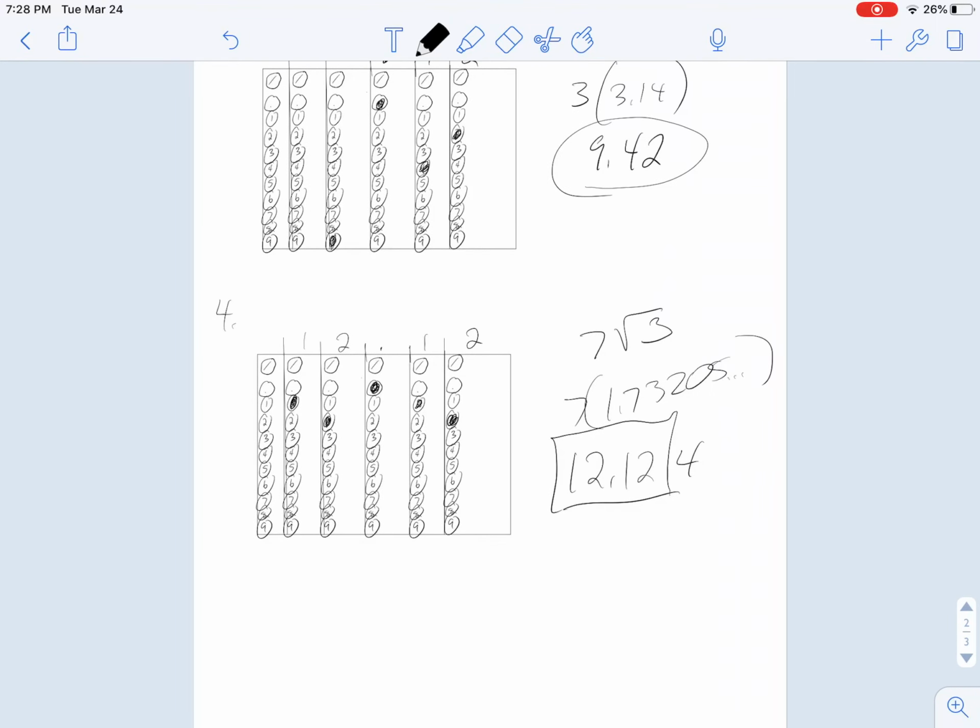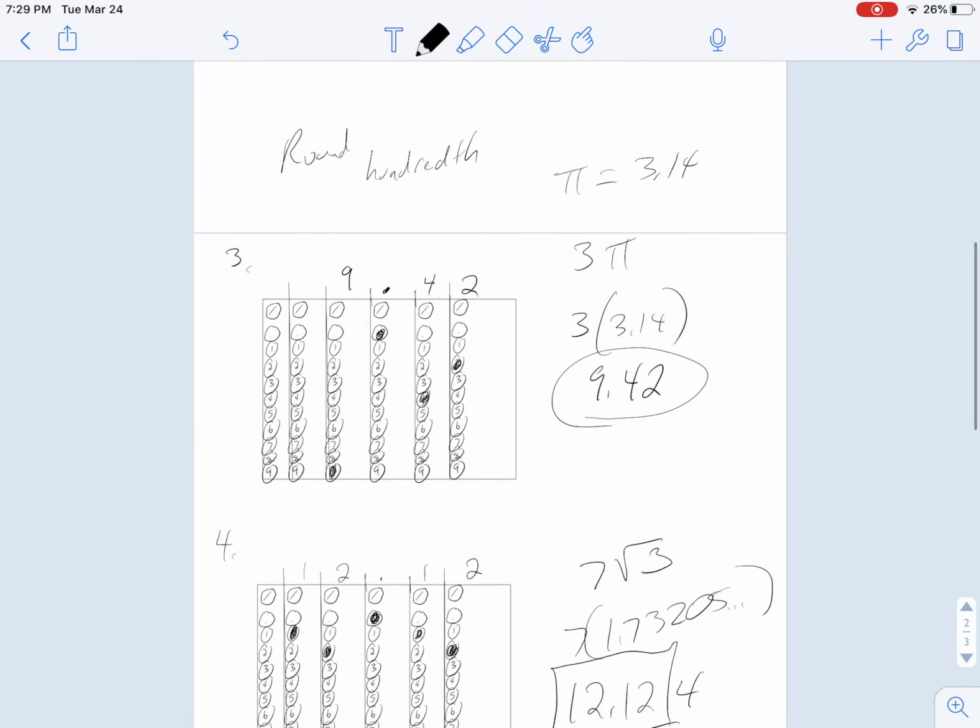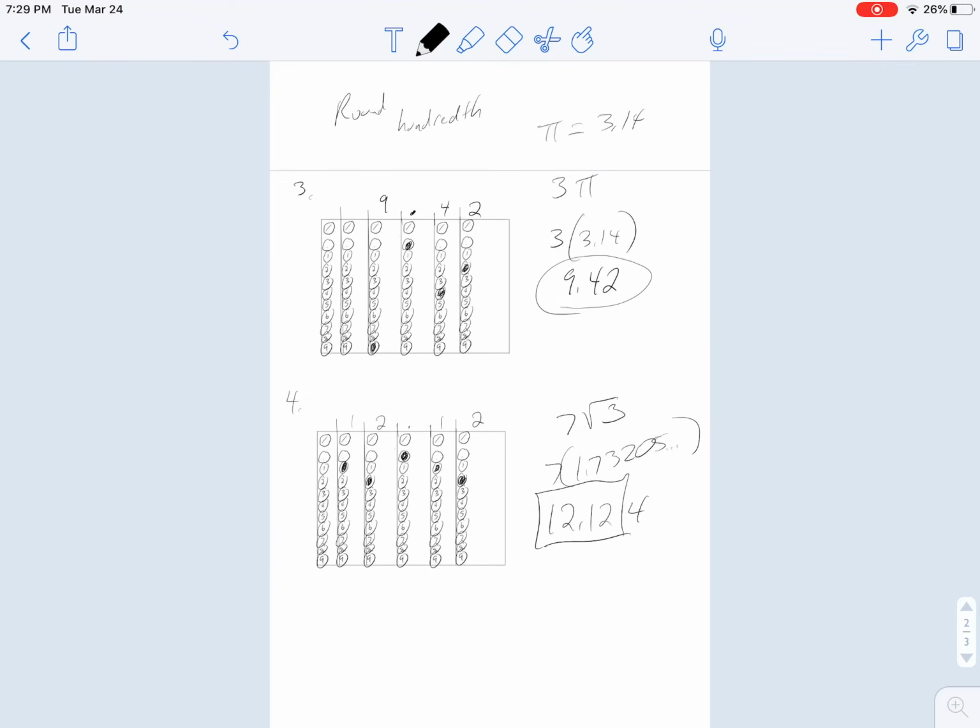We want you to round to the nearest hundredth if you get a decimal. If the answer has pi, for example, you're trying to find the area of a circle and it's 3 pi, like in number 3, you're not going to put in 3 pi. You're going to use 3.14 to substitute in for pi and then multiply by 3. So in this case, you get 9.42.